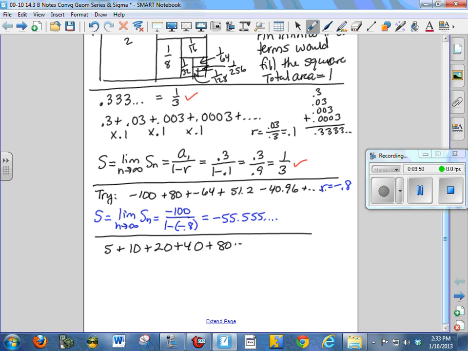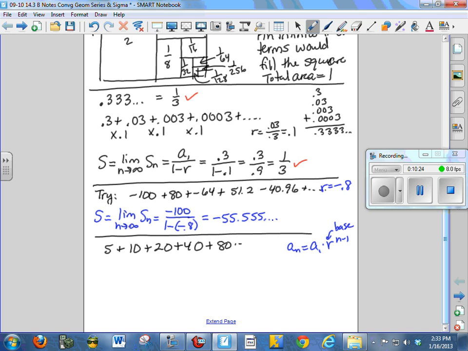Now, something I haven't talked about is when a sum is not possible. Let me help you remember that a geometric sequence can be written in a formula, or it can be graphed as a series of dots that have an exponential shape to them. Since our formula for a term is a sub n equals a sub 1 times r to the n minus 1, r is the base.